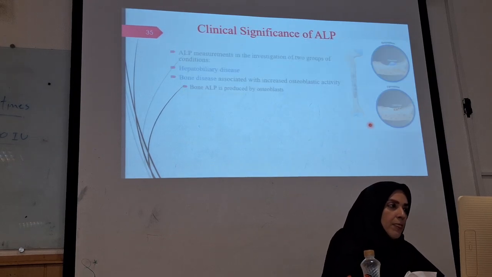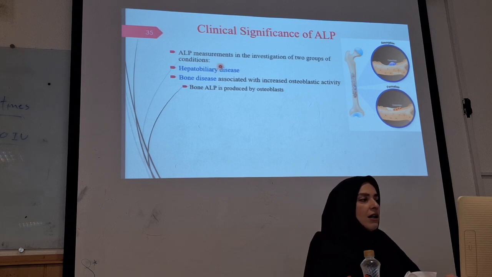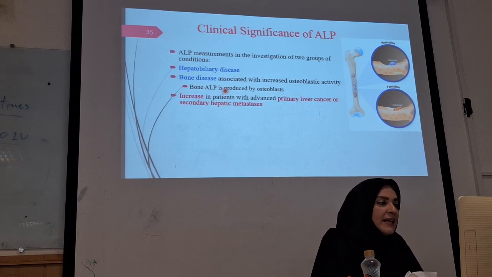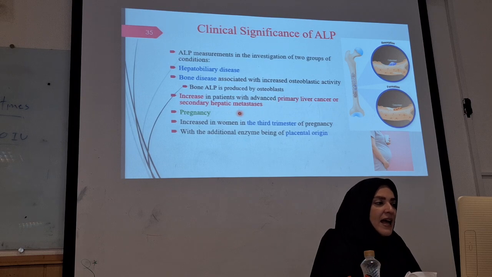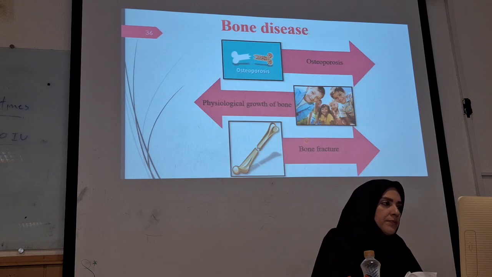About the clinical significance, alkaline phosphatase is considered a marker of hepatobiliary disease and also bone disease. It increases in a patient who has some malignancies or metastases. And also, as I mentioned, during the third trimester, they have a higher than normal level. And what is the origin? Placenta.